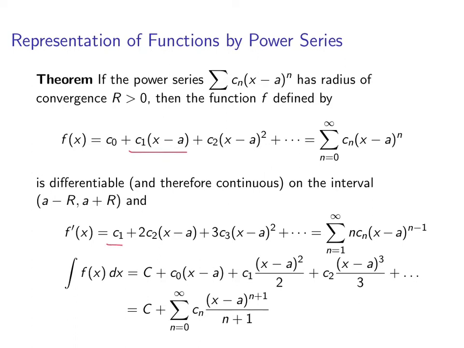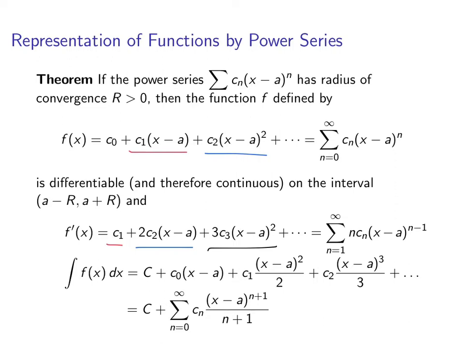That's going to be c1. What is the derivative of c2 x minus a quantity squared? That's going to be 2 c2 x minus a. And this continues so that each term that you see down here is the derivative of one of the terms that we started with.